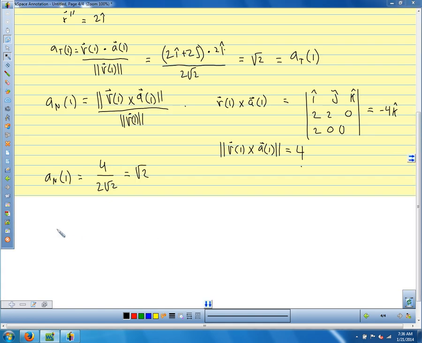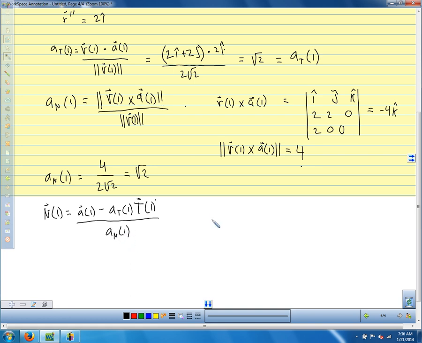Our principal unit normal vector at time equals 1 is going to be our acceleration at 1 minus our tangential component of acceleration at 1 times our unit tangent vector at 1, all divided by our normal component of acceleration at 1. And we have all of those quantities.